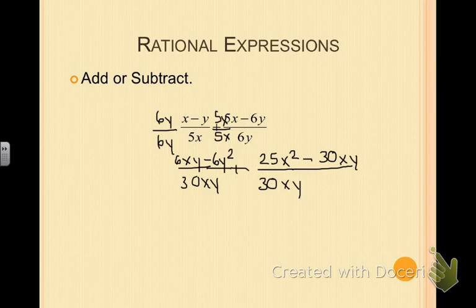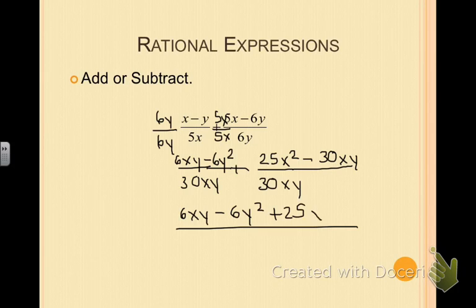Now that we have equivalent fractions with a common denominator, we can rewrite them over a single denominator, giving us 6xy minus 6y squared plus 25x squared minus 30xy all over 30xy.